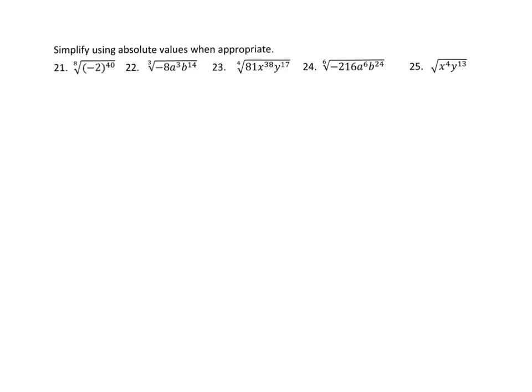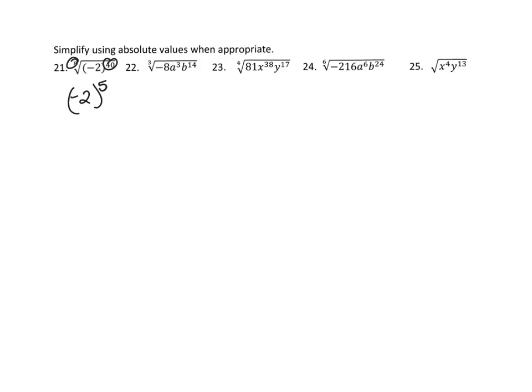Okay, last 5. Simplify using absolute value when appropriate. So we have 8 and 40. We can divide those exponents, -2 to the 5th power.